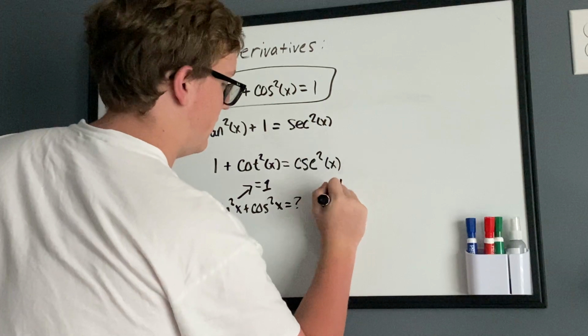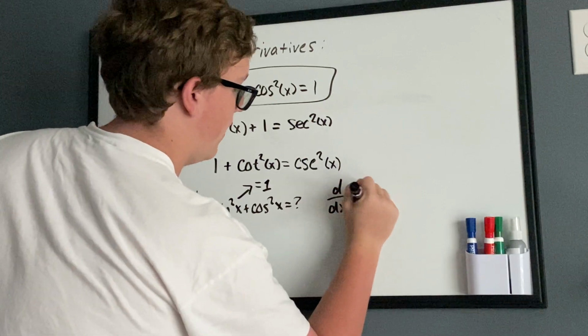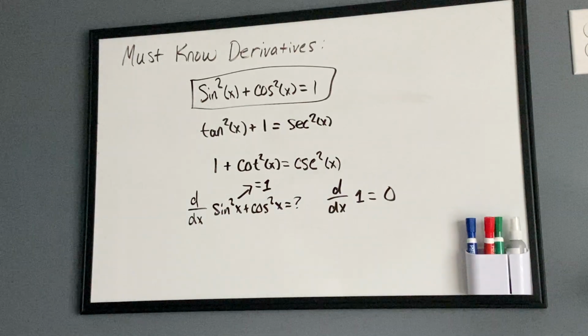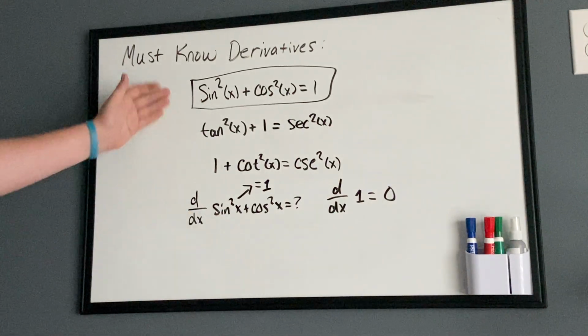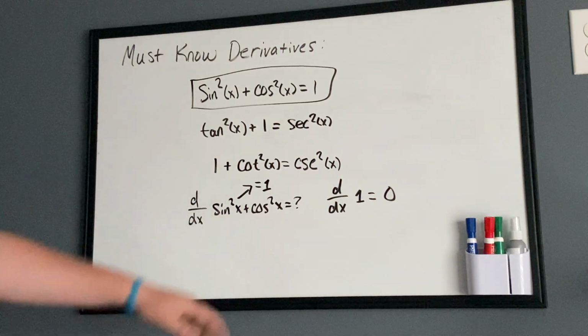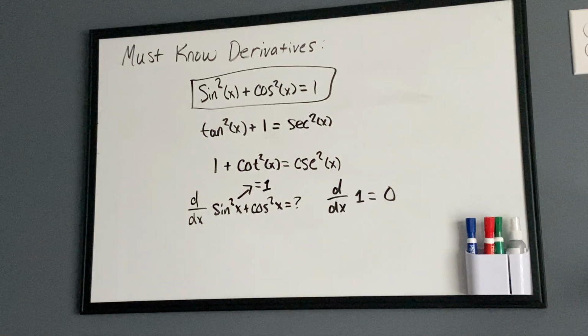Now we have the derivative of 1, which is equal to 0, because it's a constant, and the derivative of a constant is always 0. So you can see that sometimes just knowing these identities is going to help you out. It's going to make your derivative so much easier, because you won't have to deal with a sine squared or a cosine squared. You're just dealing with 1, and 1 is super easy in derivative form.